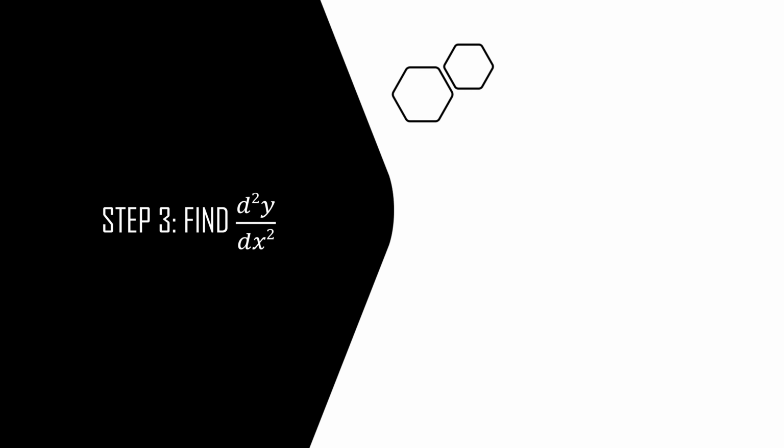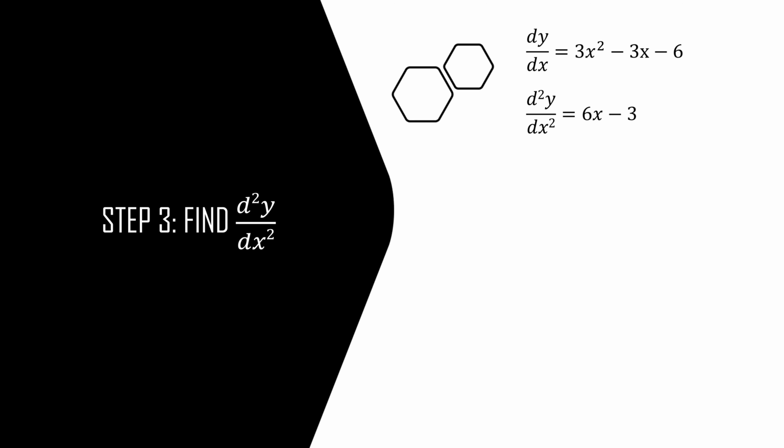As we already differentiated the first equation once in step 1, we know that dy/dx equals 3x² minus 3x minus 6. So we need to differentiate this again, and we will get another equation, which is d²y over dx² equals 6x minus 3.